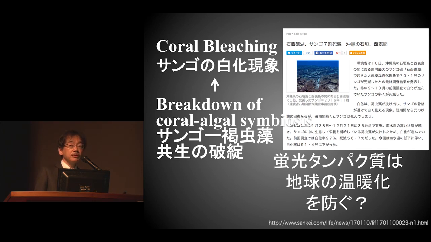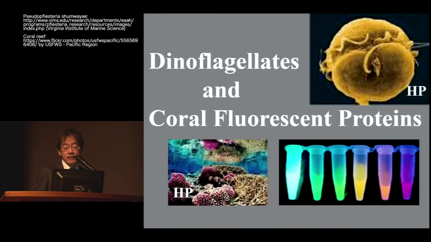And coral bleaching should involve the dissociation of coral-algal symbiosis. The bottom line is the coral-derived fluorescent proteins have some connection with dinoflagellates. Okay. So from now on, I'd like to discuss some unique features found in coral-derived fluorescent proteins.